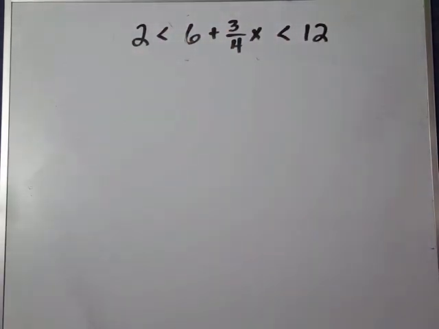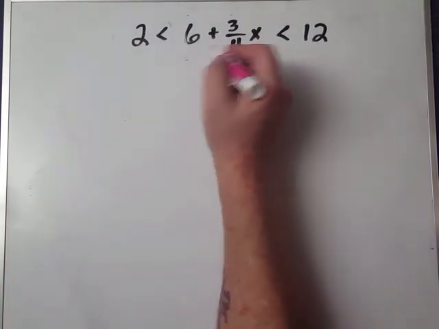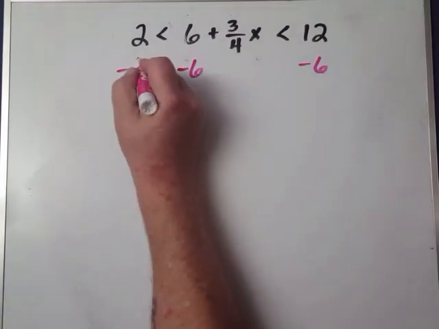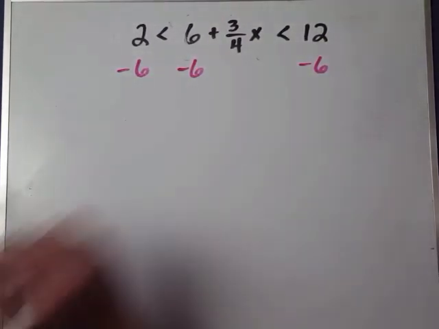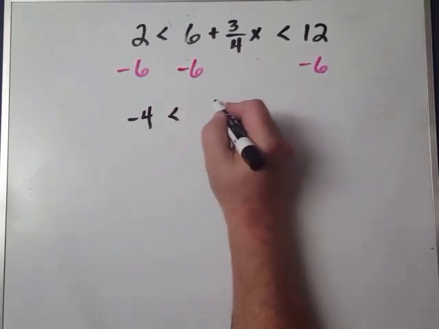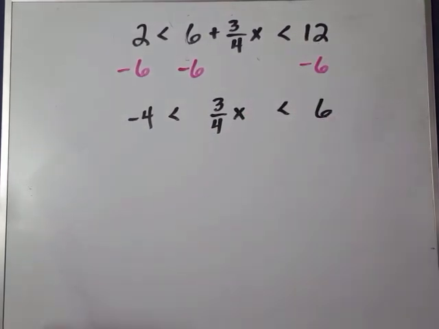Since there's only one fraction running around, there's not a whole lot to worry about. Try to get x by itself. Subtract 6 from all three parts. That gives me negative 4 is less than 3/4 x is less than 6.